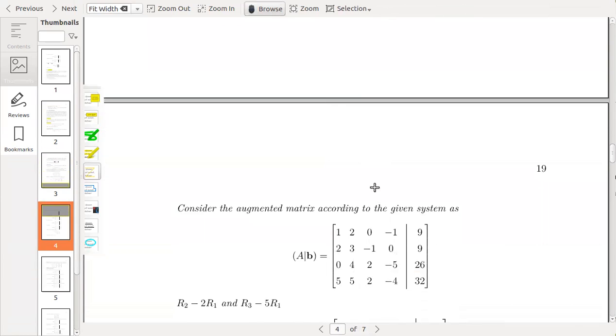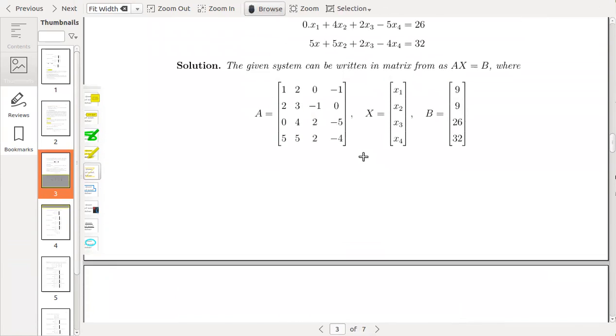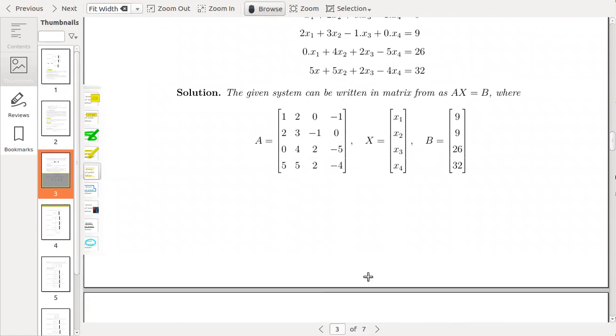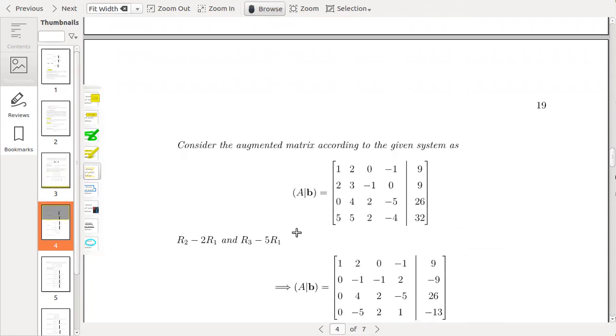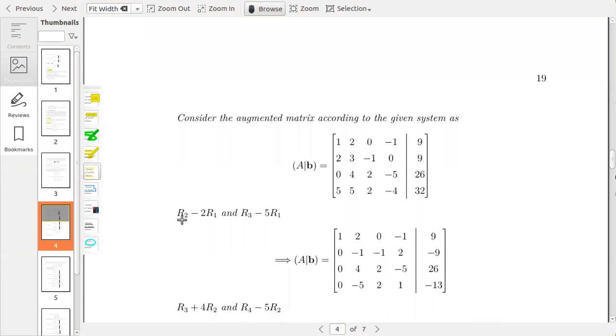So this can be written in the form of a system of equations, Ax equals B. Okay, we construct an augmented matrix by including the constants in the matrix of coefficients, and we perform elementary row operations just to transform this matrix into an upper triangular matrix.